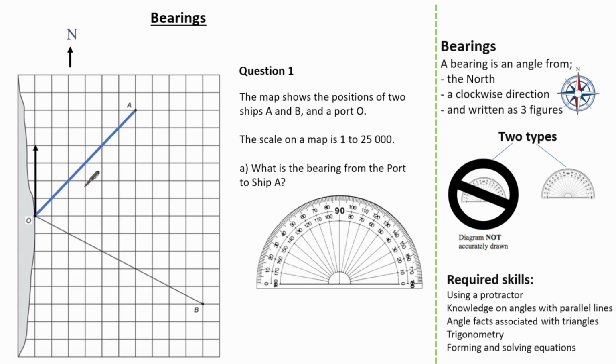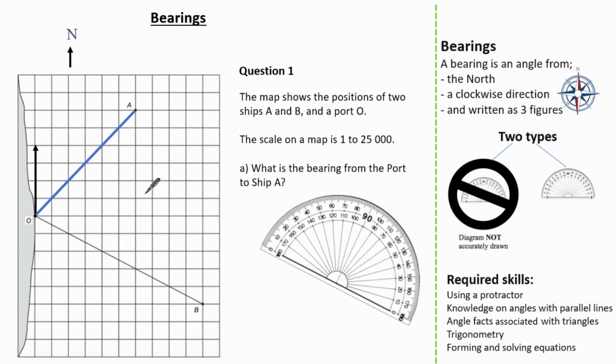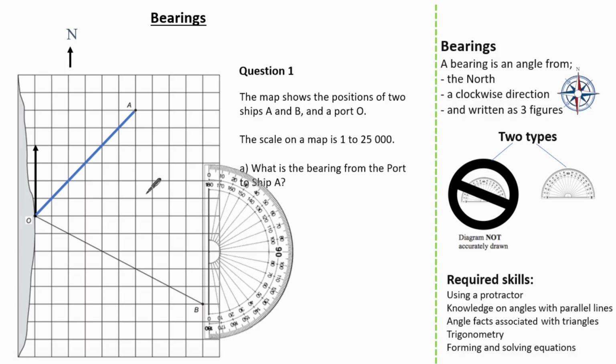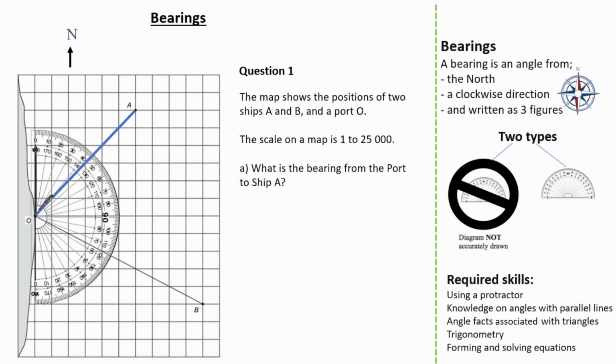Getting our protractor ready, we're going to rotate it round and line it up so that we have the port right in the center of our protractor and the north is in line with our 0 degrees.